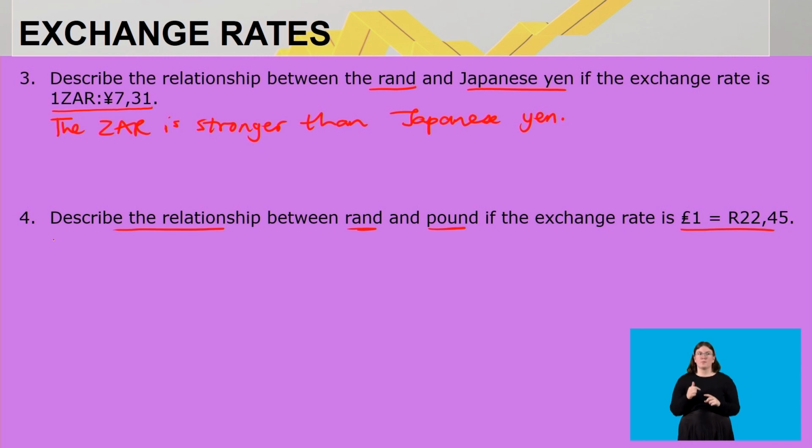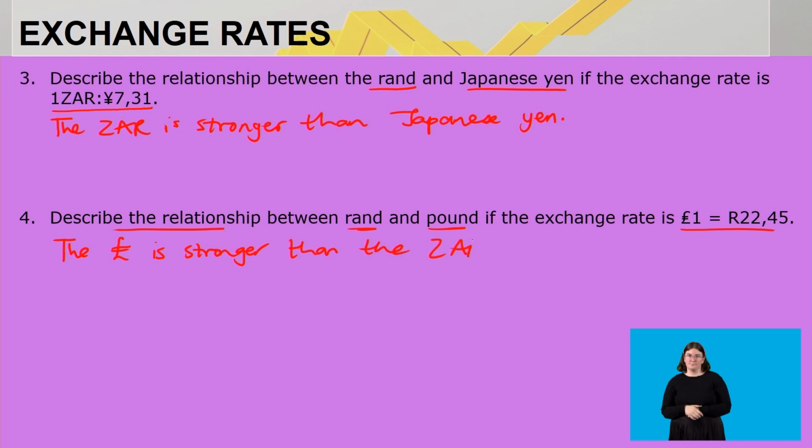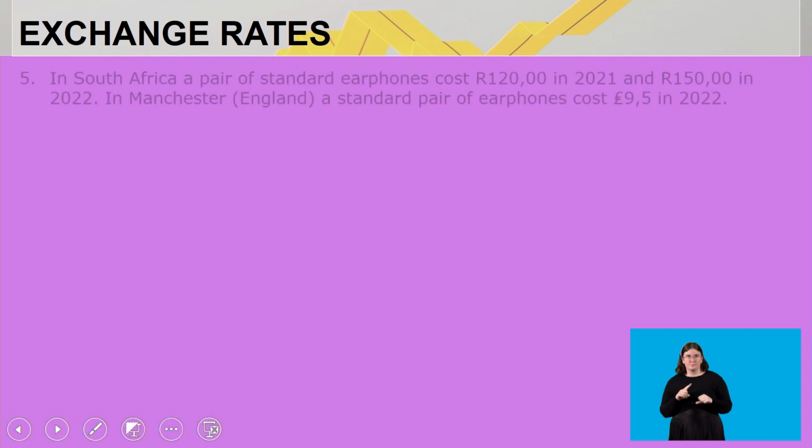So therefore, I'll indicate that in this case, the pound is stronger, worth more, stronger than the South African rand. Okay, remember, opposite is also true. So if you indicate that South African rand is weaker than the pound, that will still be correct. Let's look at our next question.